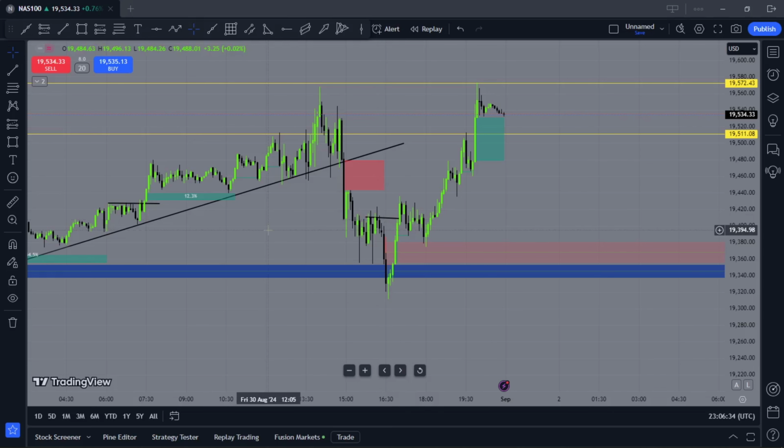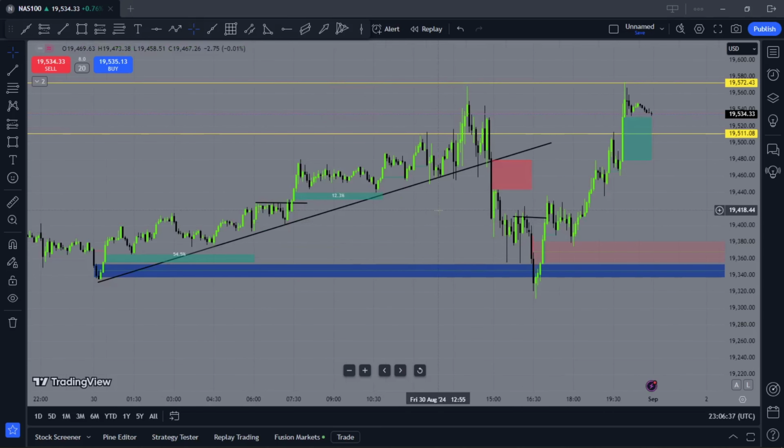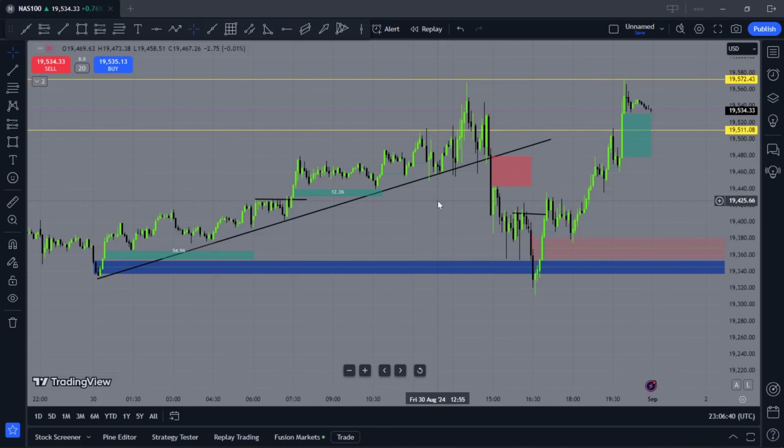Now, if you are somebody who can't identify break of structures or change of characters, I recommend you get an indicator called SMC, right? Smart money concept. So when you get that indicator, what smart money concept does is it lays those breaks of structure, change of character, equal highs and equal lows, right?